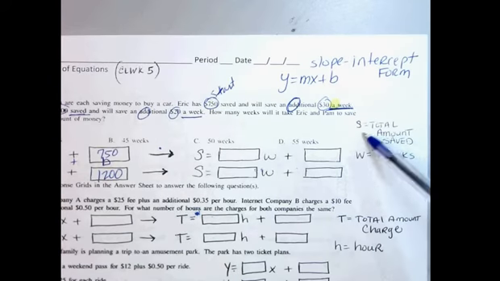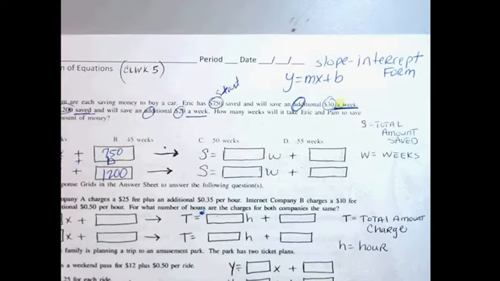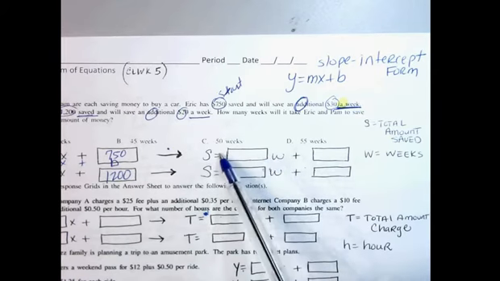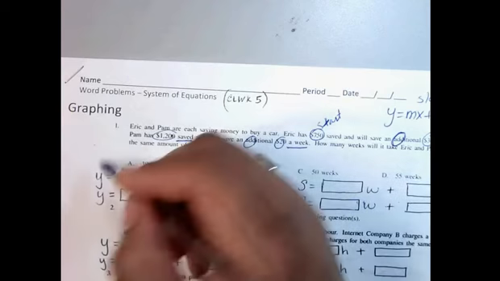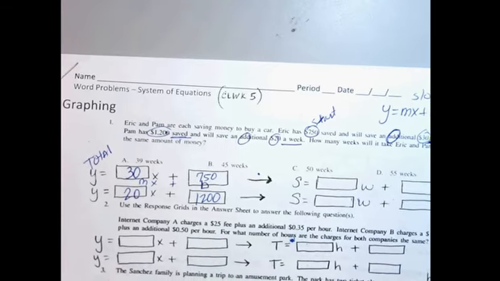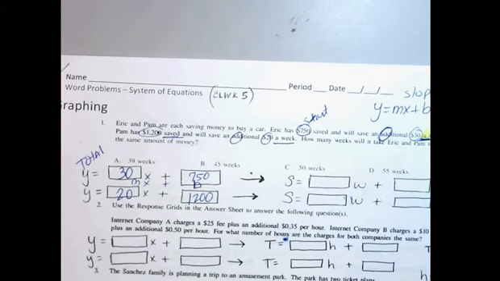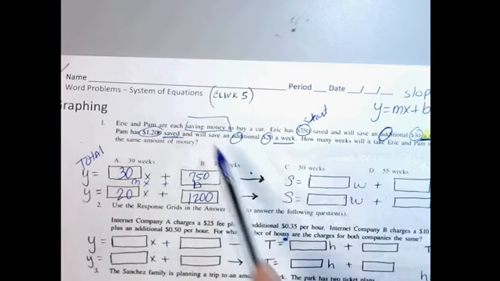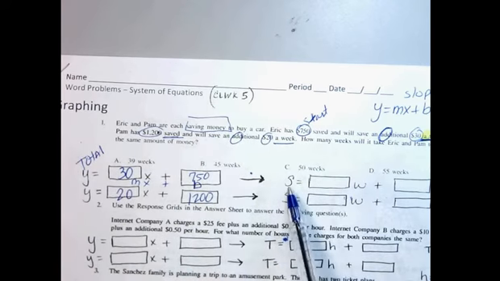So, S represents the total amount saved, W represents the weeks. And I know you guys are saying, how did you know to put the W next to this box and the S at the end? Well, remember, Y will always be your total. So, this problem is talking about how much is going to be saved. We're saving money. That's how I knew to put this here.